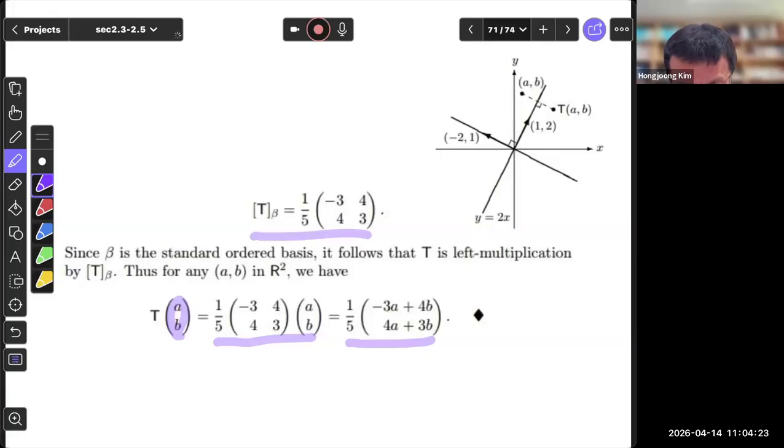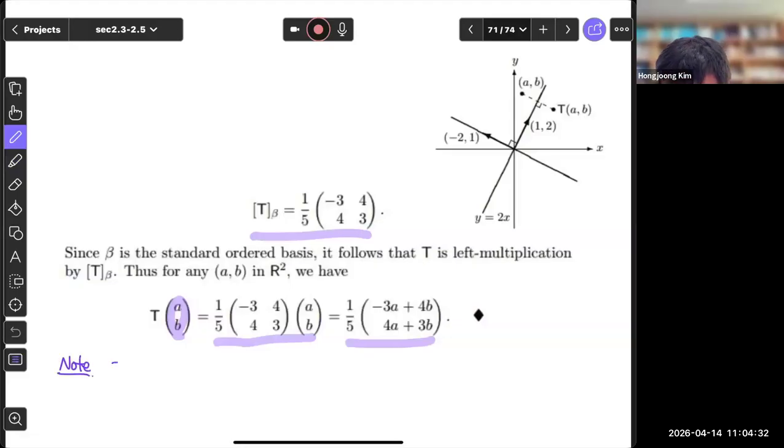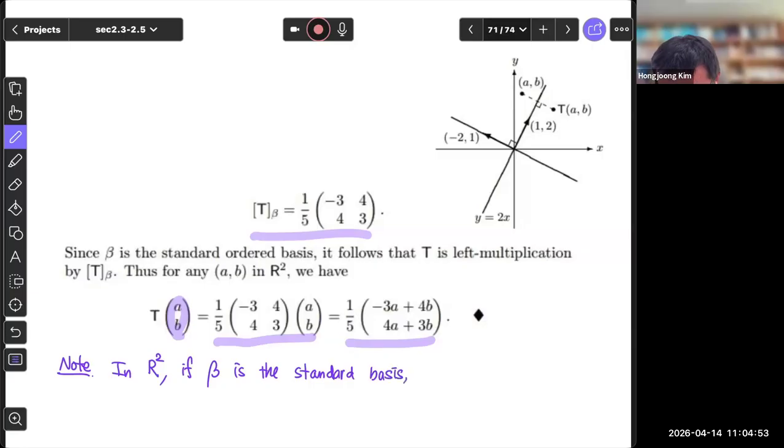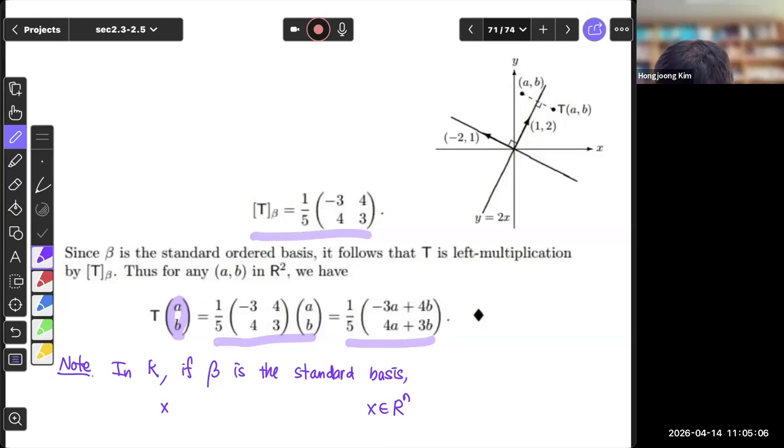Now, at this point, note, in R2 or in Rn space, if beta is the standard basis, then for any x vector in R2 or even Rn, the coordinate of x relative to the standard basis will be the same as x, right?